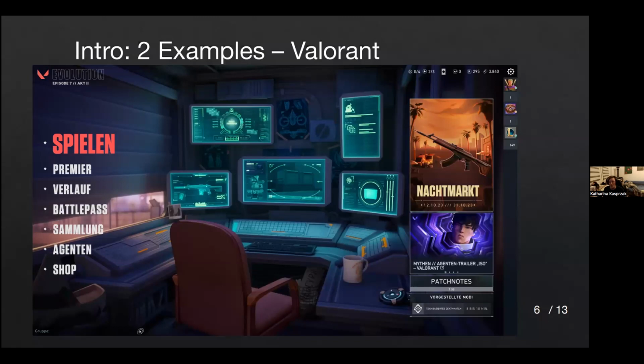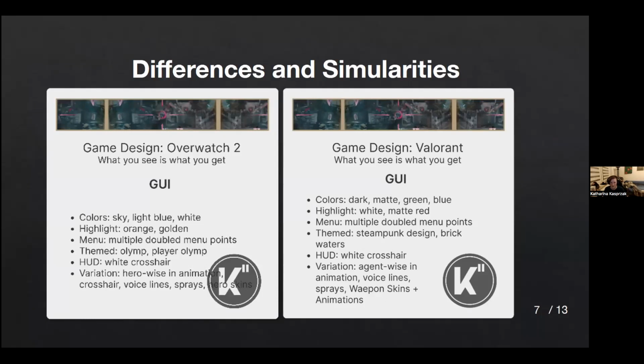Same as with Overwatch 2, we have doubled payable options in the main menu. Okay. Here you can see all of what I just said in short. So we jump right to the next page.